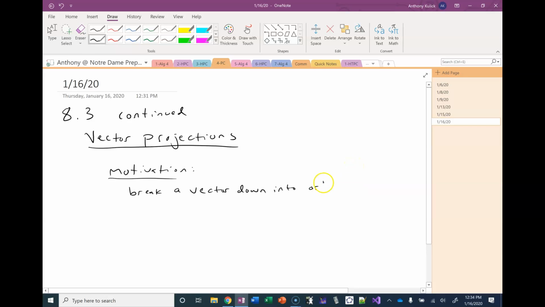Orthogonal components. So we've done this to some extent already, right? If I took the vector 3, 4, I can rewrite that as the vector 3, 0 plus the vector 0, 4. Right? This is what we did when we wrote the vectors as linear combinations.